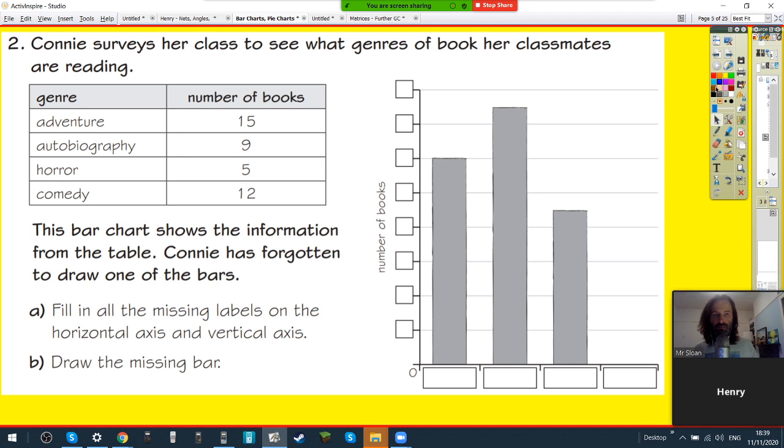Number of books: 15 adventure, 9 autobiography, 5 horror, and 12 comedy. The bar chart shows the information from the table. Connie has forgotten to draw all in the above, filling the labels on the horizontal axis and vertical axis for the missing bar. Okay, so I should probably do that. Okay, so then I use text.